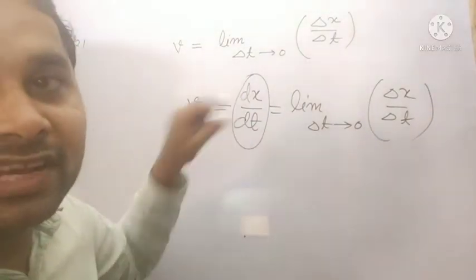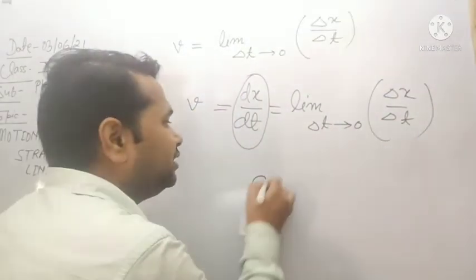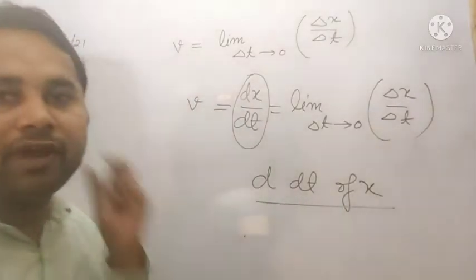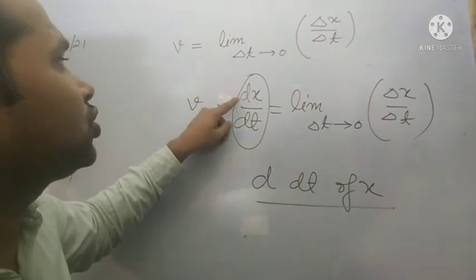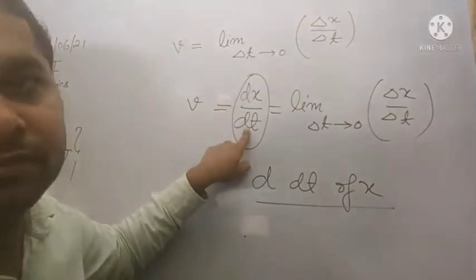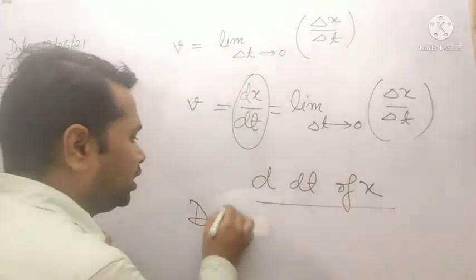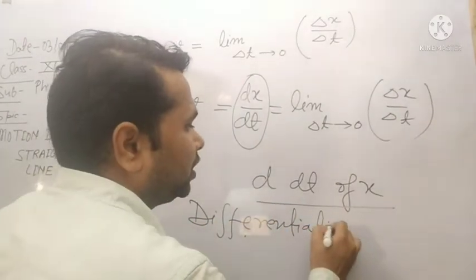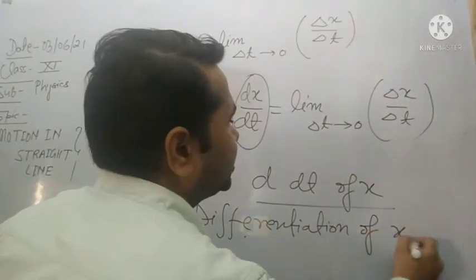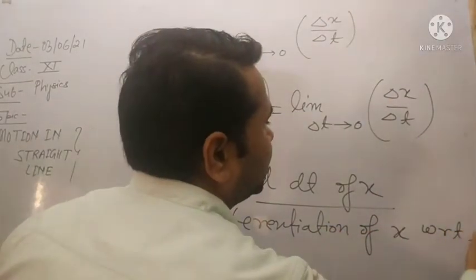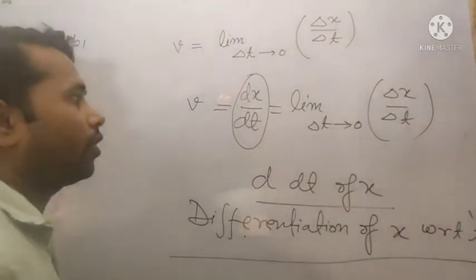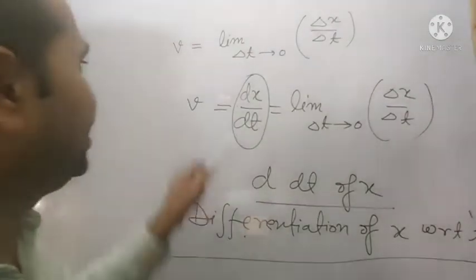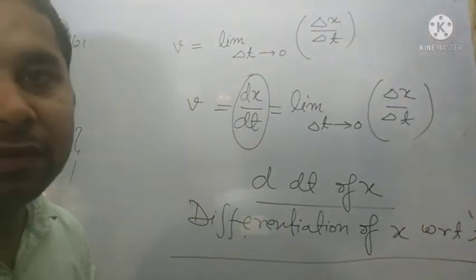But actually, this is not dx by dt. इसे पढ़ना कैसे चाहिए? कहते हैं d dt of x. d dt of x क्या बोलेंगे? डिफरेंशिएशन ऑफ x विद रिस्पेक्ट टू t, टाइम. So this is the differentiation of x with respect to time, and it is equal to the instantaneous velocity.